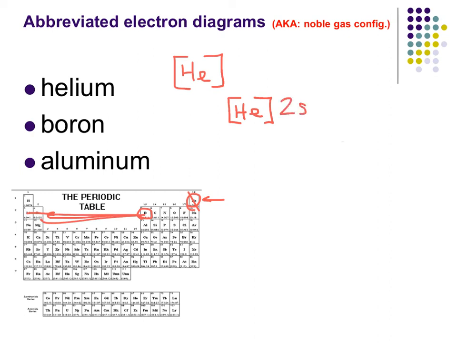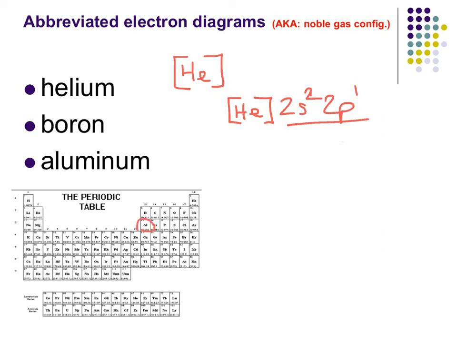In the 2s, we had 2 electrons, and in the 2p, we had just 1. So we would write out that last energy level, but we can abbreviate the first energy level with the helium. That might not seem to save us a lot of time towards the top of the periodic table, but it definitely helped with something like uranium, right?